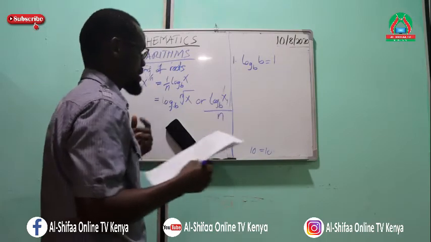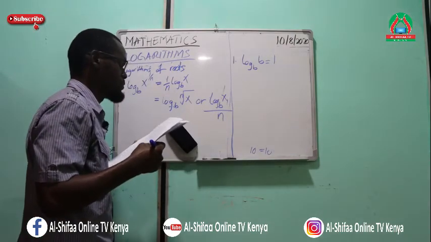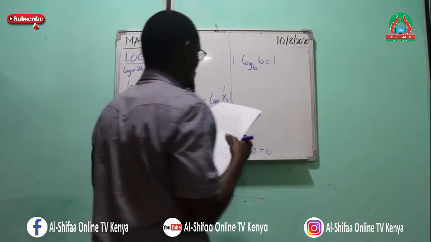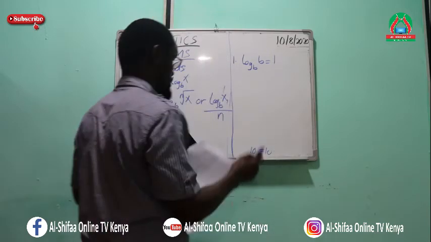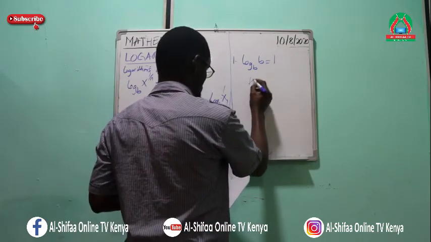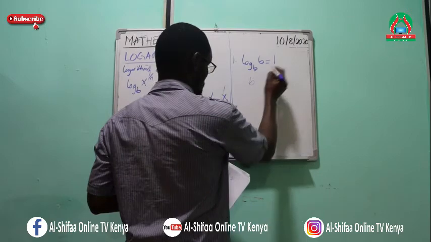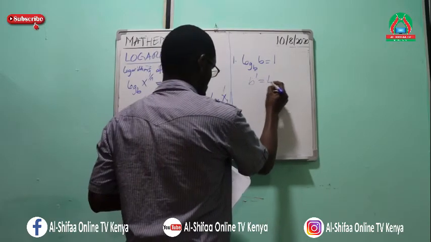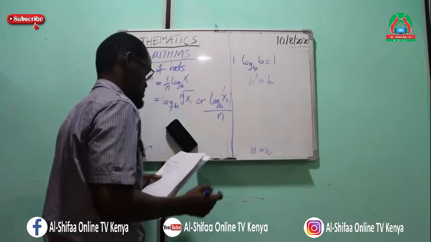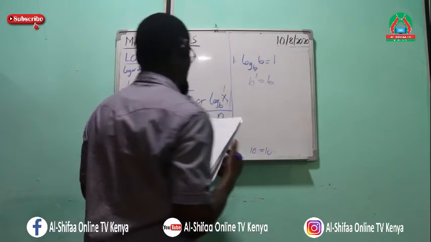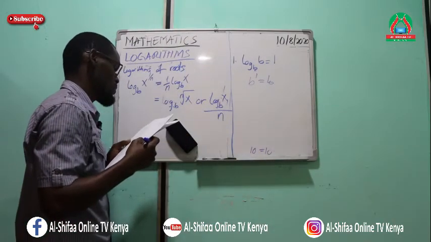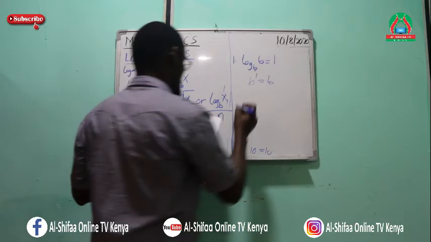Proving it, we try to change it into the index form, whereby we'll have that b to power 1 is equal to b. So we see that it corresponds to that property.